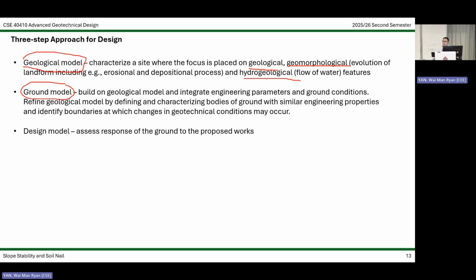And the flow of water will be something a little bit more difficult. You may install a piezometer, which gives you the water pressures. But you only have piezometers at certain locations, and you only have those monitoring data during a certain period.